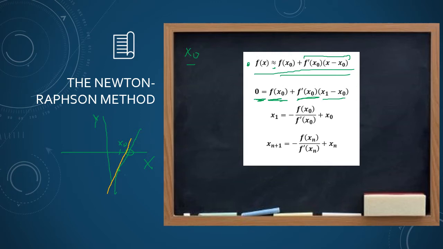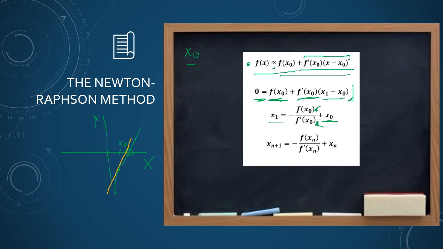Notice now we have x1, because this is going to be our first real guess using the Newton-Raphson method. Solving for x1, we get that x1 is equal to negative the function evaluated at x naught, divided by the derivative of the function evaluated at x naught, plus x naught. That's simply solving this equation here.